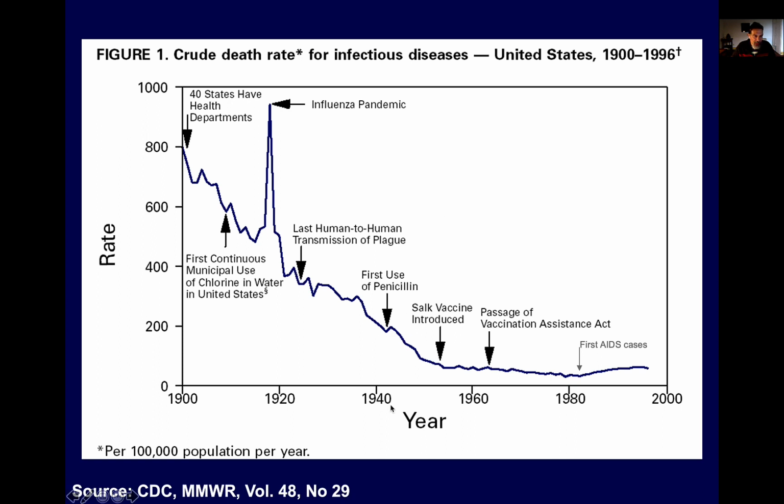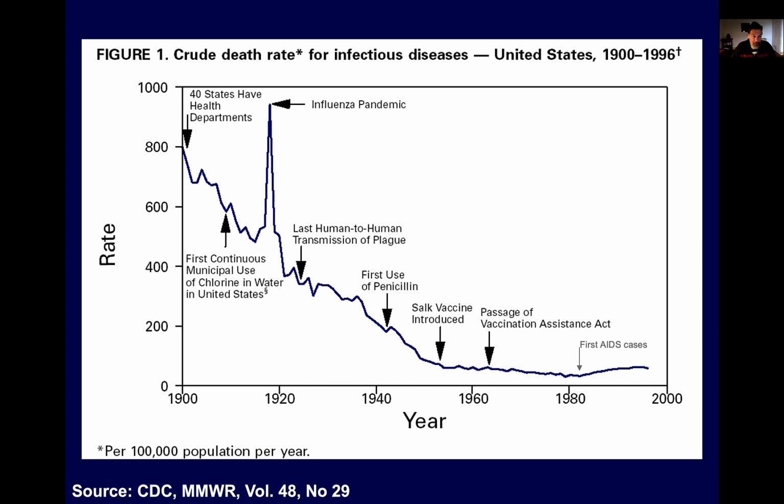And so what that means is that these major declines in the death rate, which really drove declines in the infectious disease death rate, which really drove overall declines in mortality for the entire country, were due to things that were more public health oriented and not due to advances in medicine. So improved sanitation and improved nutrition and living conditions and things like that.